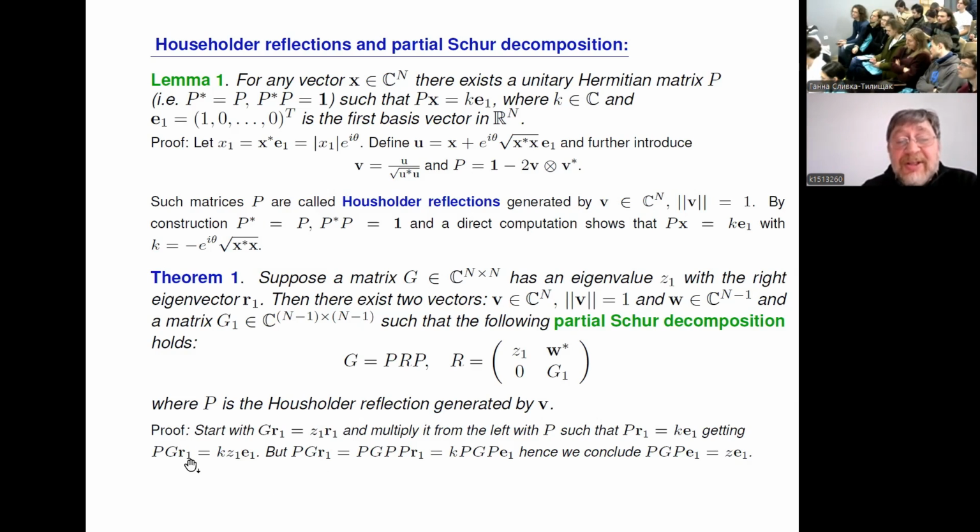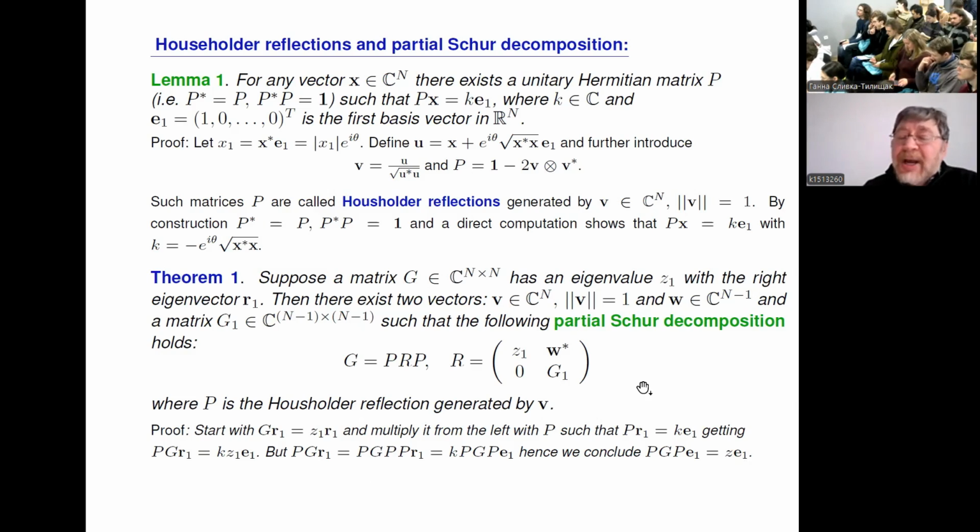And now the left-hand side can be rewritten by inserting the identity matrix, which is P times P, because P is Hermitian and unitary, so P squared is the identity matrix. So between G and R1 we can insert this identity in the form of P and P. And now using that PR1 is K E1, we conclude that PGP acting on the first basis vector is just Z1, it should be Z1 here, just multiplying E1.